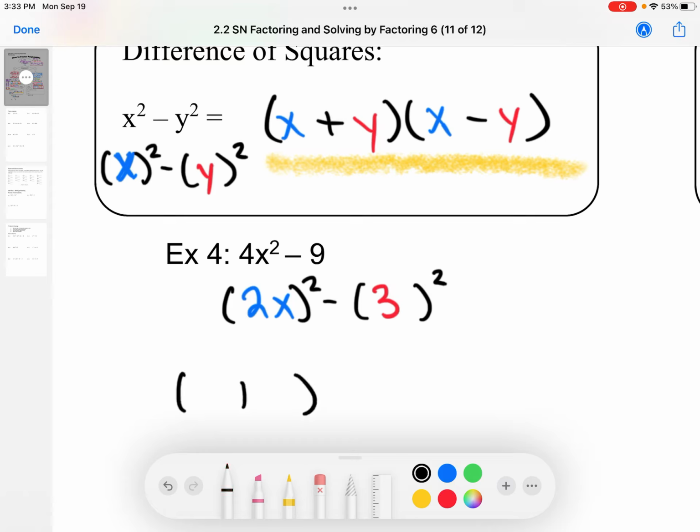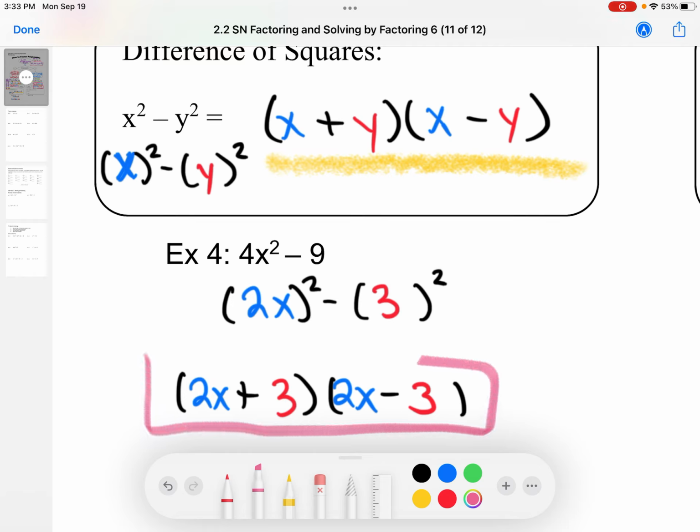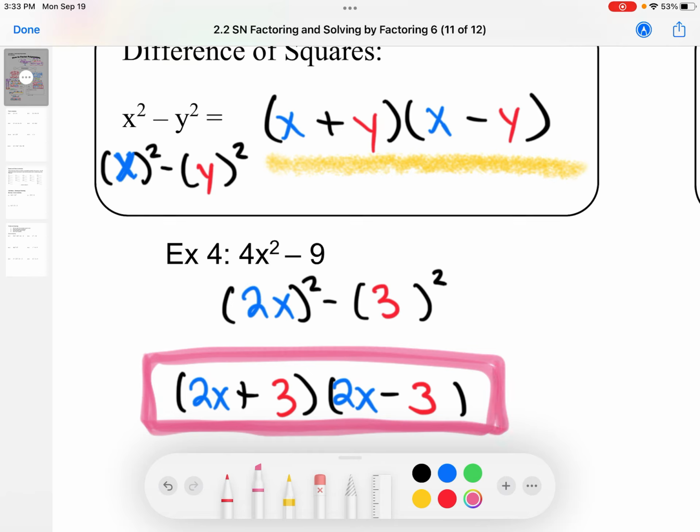So we take those 2 terms, we add them in one parentheses, we subtract them in the other. So 2x will be first in each parentheses, 3 will be next in each parentheses, and this factors as 2x plus 3 times 2x minus 3.